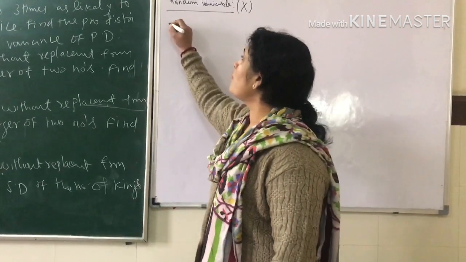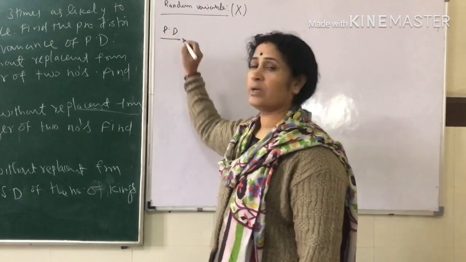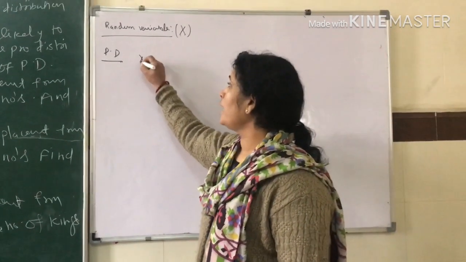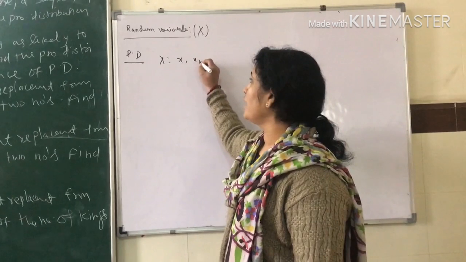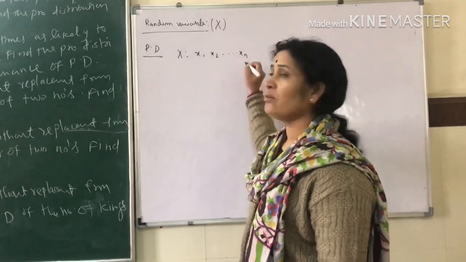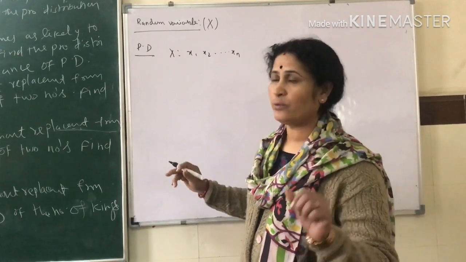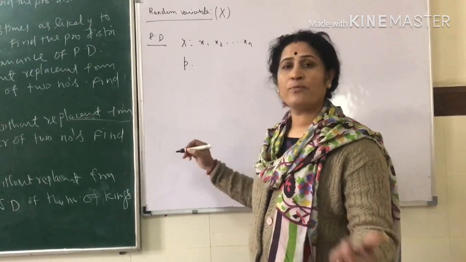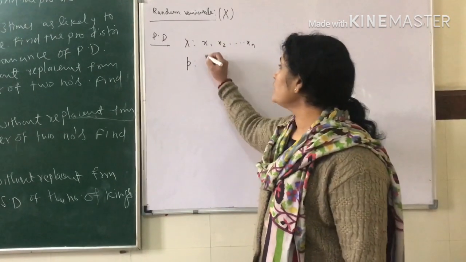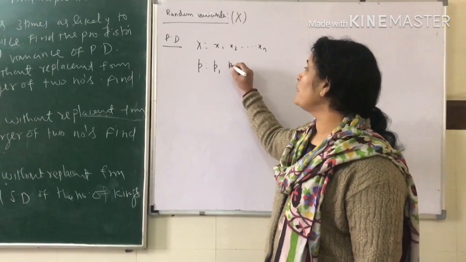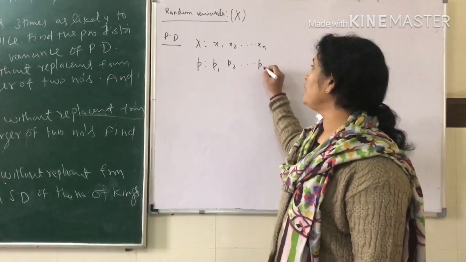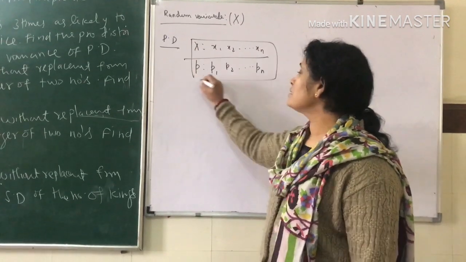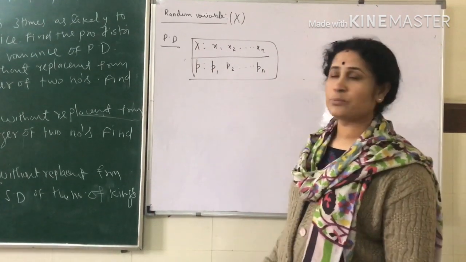Now what is a probability distribution? Let me explain. Let x1, x2, x3, etc. up to xn be n random variables. Just now I explained random variable. And its corresponding probabilities, you know how to find the probability, are P1, P2, etc. up to Pn. Then this is called a probability distribution.